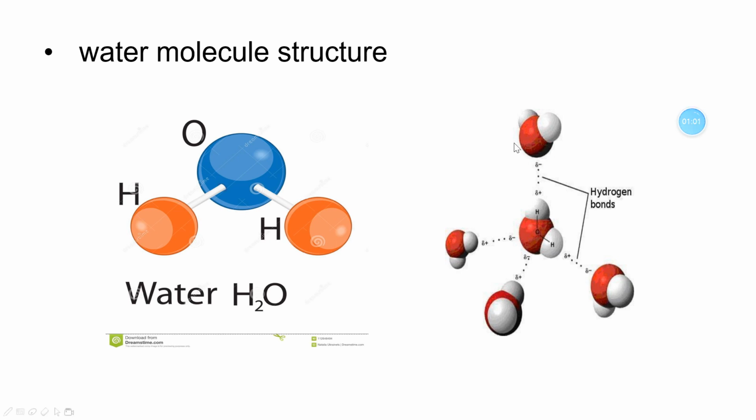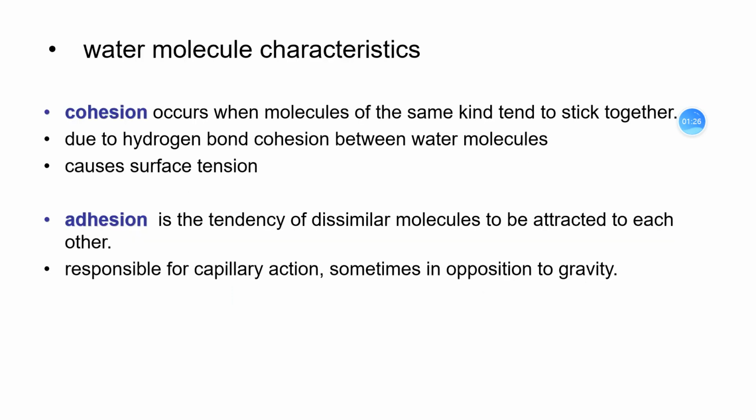The largest part, the right one, is the oxygen atom, and the 2 white parts are the hydrogen atoms, and they are like a triangle. Yes, now the characteristics of the water molecule.